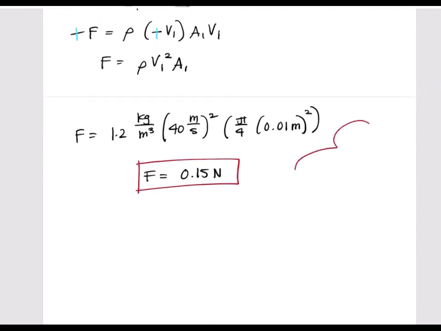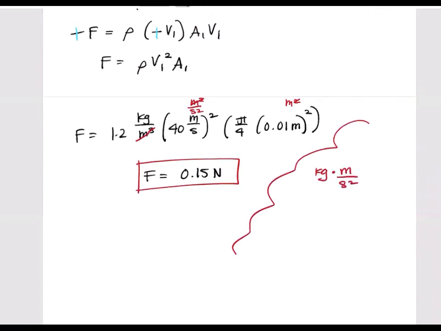Now, again, I'm going to do the unit conversion here. So this is going to give us meters squared, and this is going to give us meters squared per second squared. So that's going to cancel with that. Then one of those is going to cancel with that. And we're ending up with kilograms meter per second squared.